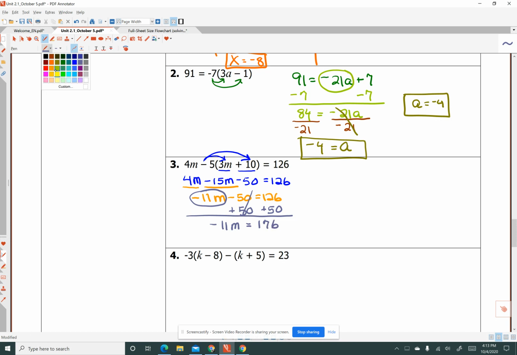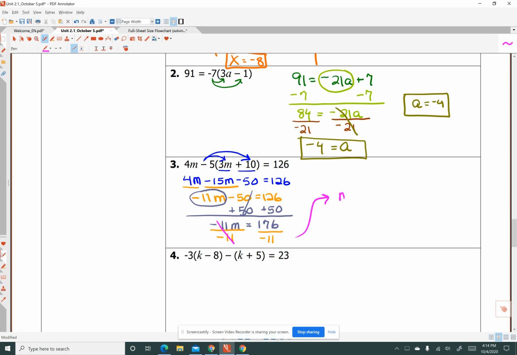Now again, I look at my variable and I say, what is happening to m? M is being multiplied by negative 11. So I will divide by negative 11. And whatever I do to one side of this equation, I need to do to the other side. So negative 11 divided by negative 11 equals 1.